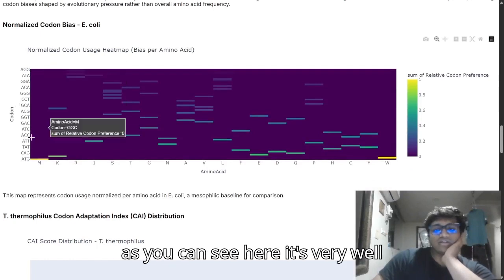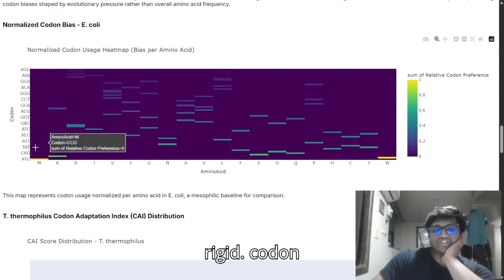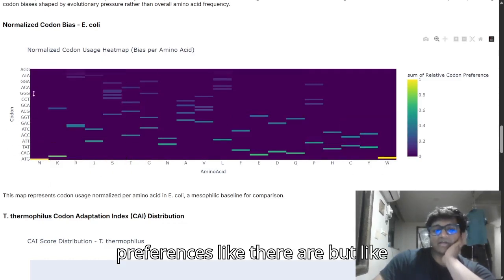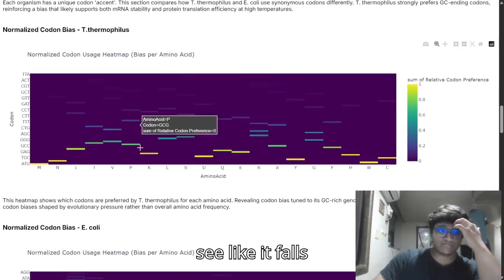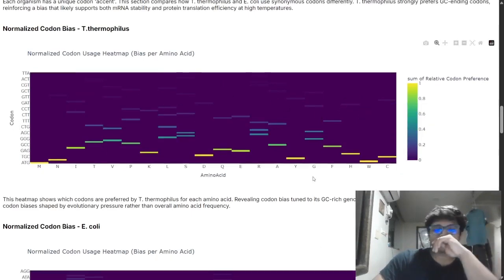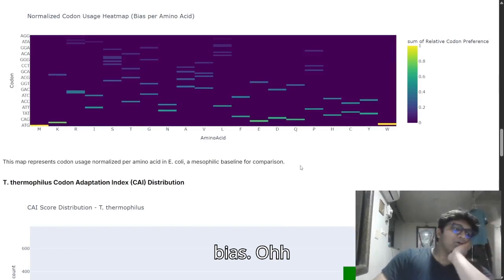But as you can see here, the control is very well balanced. There are no rigid codon preferences. Like there are, but chill guy is a chill guy. Whereas here, a lot of codons are just preferred more, so it's like a skewed bias.